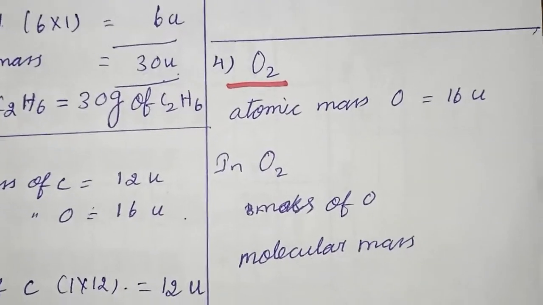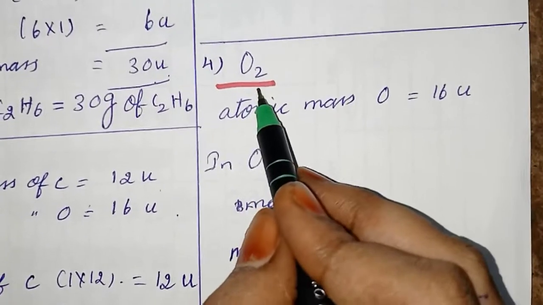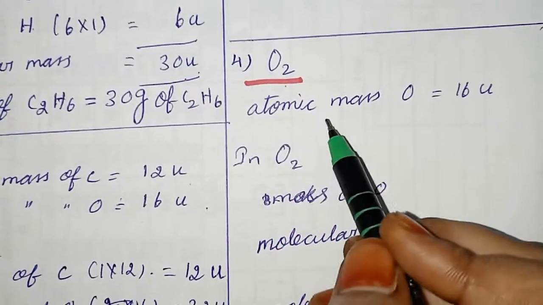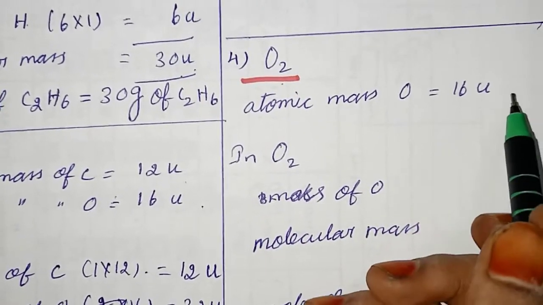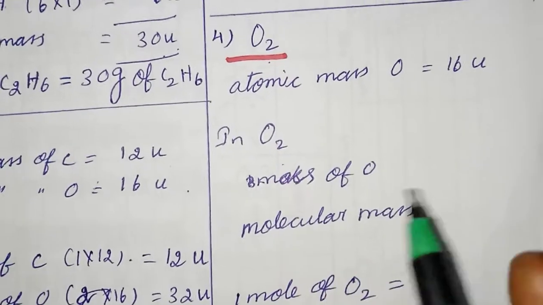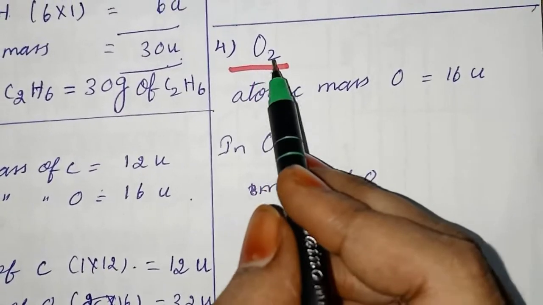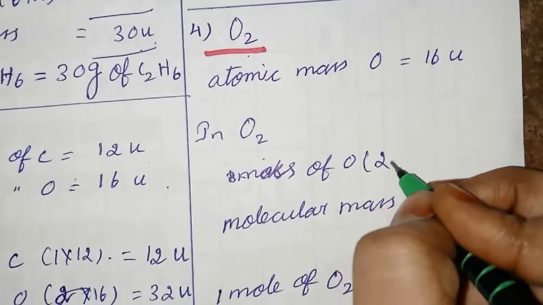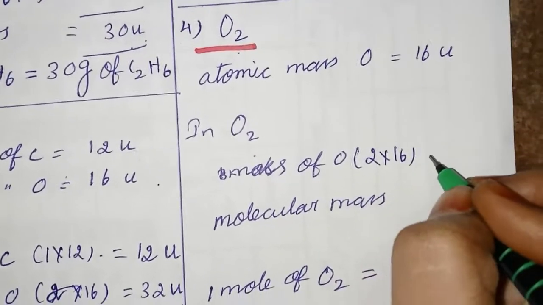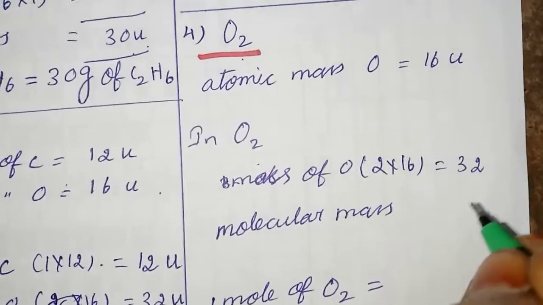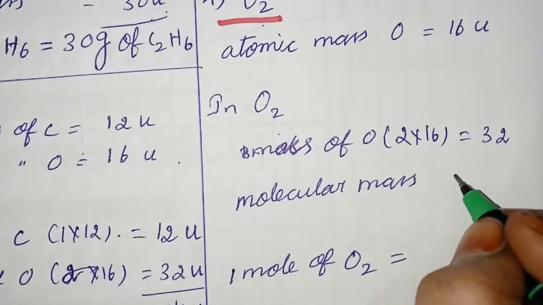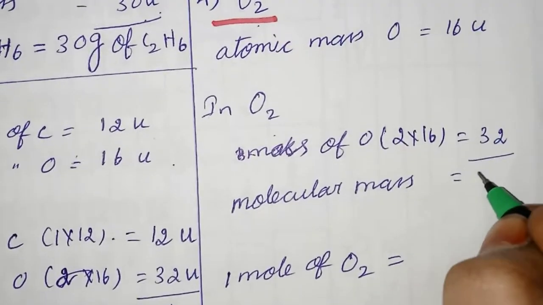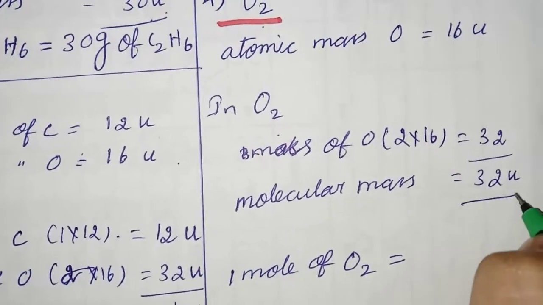Okay, like that, next, O2. This is the molecular form. We know that atomic mass of oxygen is 16. An oxygen molecule contains 2 oxygen atoms. So mass of oxygen, 2 into 16 is equal to 32. So the molecular mass is 32U.